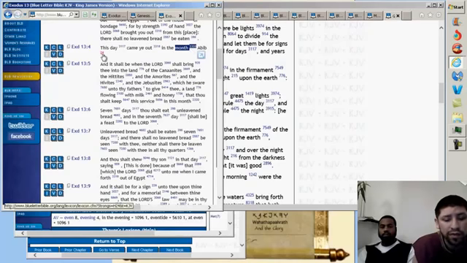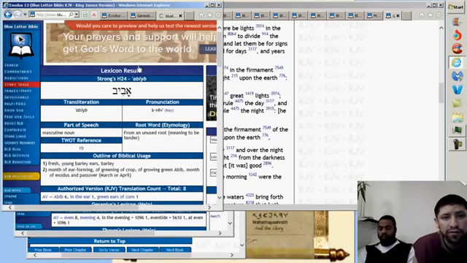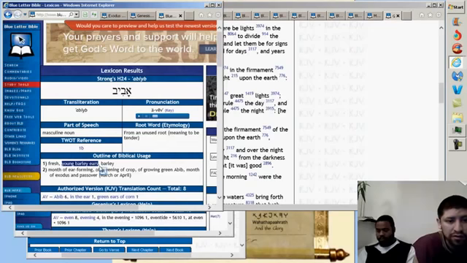Let's look this word up. Abib, Hebrew H24, and it means fresh, in regards to young barley ears. It says month. This is also known as the month of ear forming, which is referring to corn.